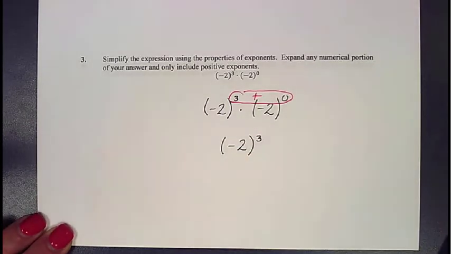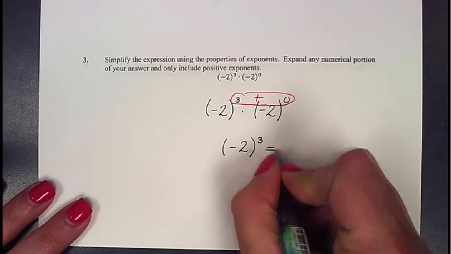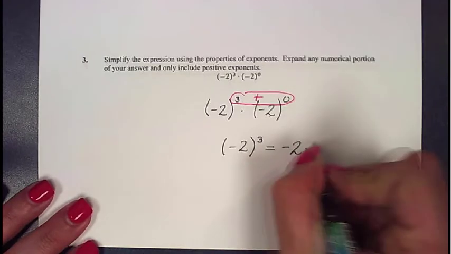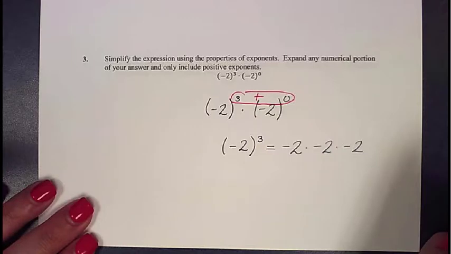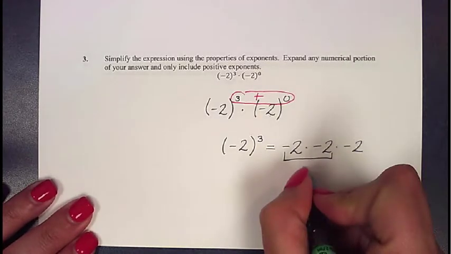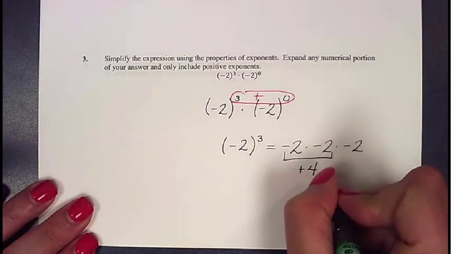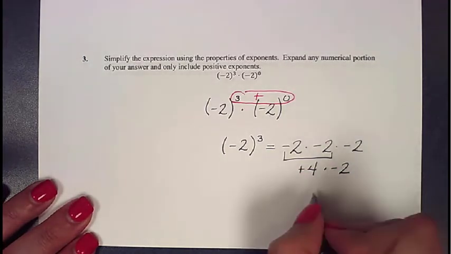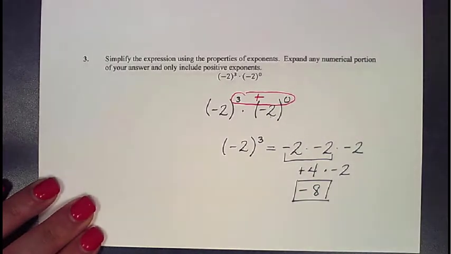But now remember, whenever we're having a problem like this where our base is a real number like negative 2, we actually want to multiply this out. Remember that this is negative 2 times negative 2 times negative 2, so 3 negative 2's multiplied together. These first two are going to give us a positive 4, because a negative times a negative is a positive. We're going to multiply it times one more negative, and that's going to give us negative 8, and our answer would be negative 8.